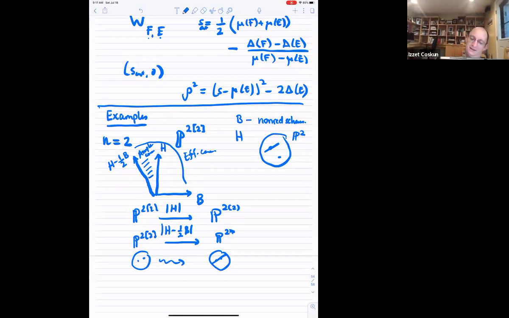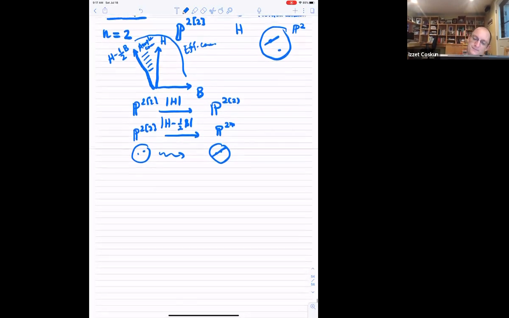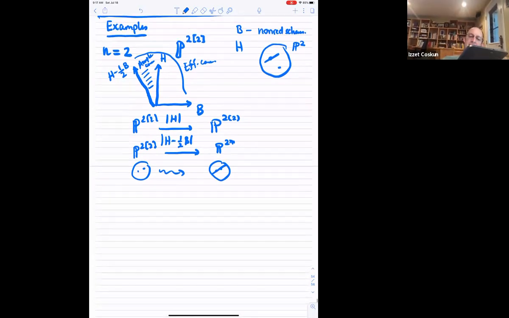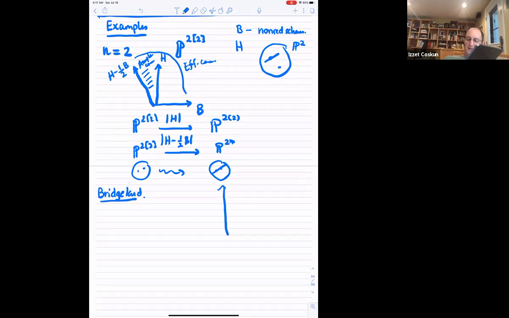Now the question that you can ask is, what are the possible walls? So how about in the Bridgeland world? What happens in the Bridgeland world? Well, here I have my ST plane, this is my T axis, this is my S axis, right?